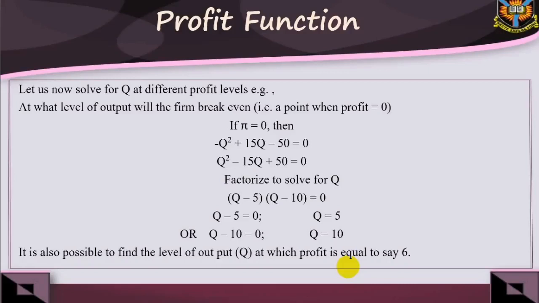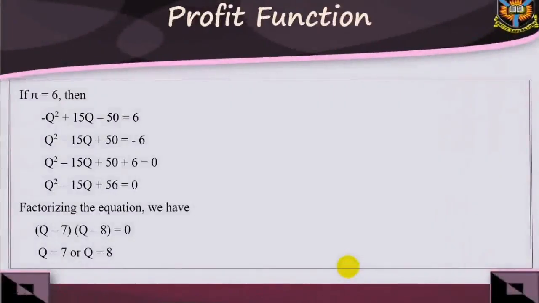It is also possible to find the level of output Q at which profit is equal to, say, 6. If pi equals 6, then minus Q squared plus 15Q minus 50 equals 6. Q squared minus 15Q plus 50 equals minus 6.